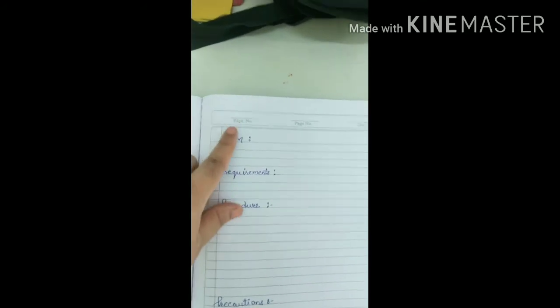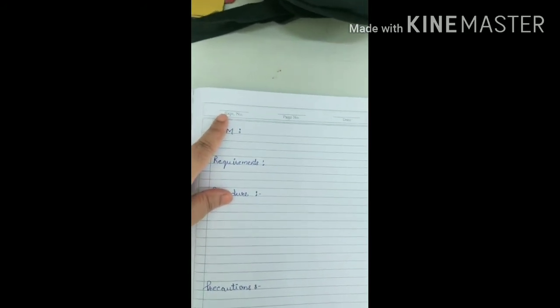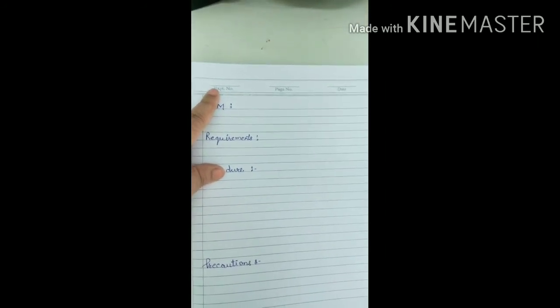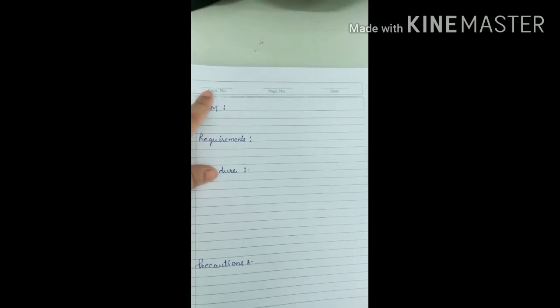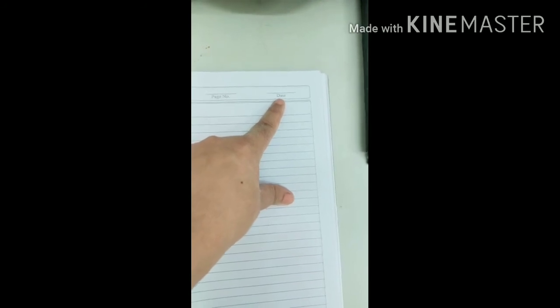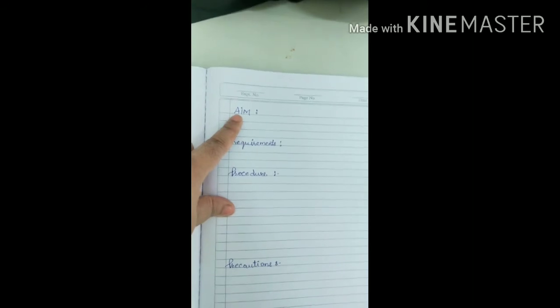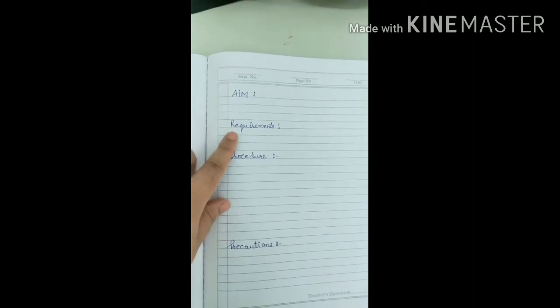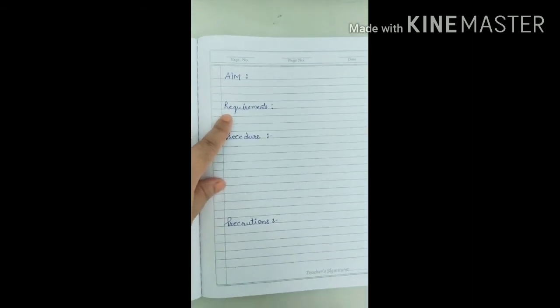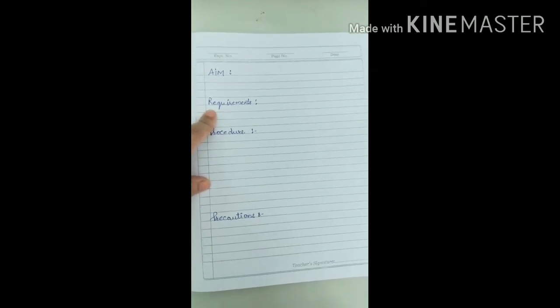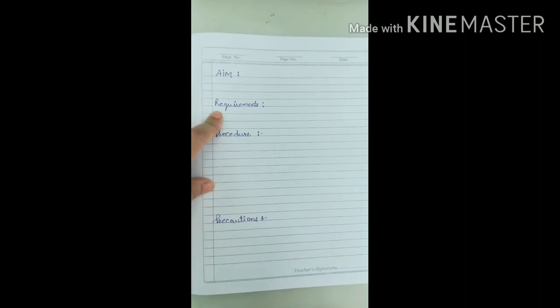First of all, you have to write down the experiment number. If we have performed the first experiment, then you have to write experiment number 1. You have to mention the page over here and the date on which you have performed it. Here you have to write down the aim, and the requirements, what chemicals, instruments or equipment are needed during the practical.